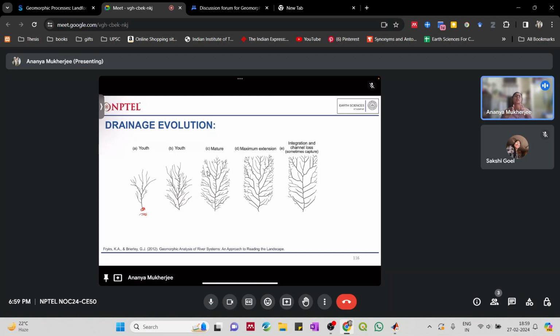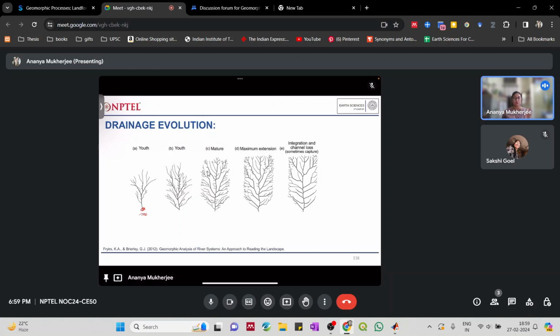It's mostly focused on going from the upstream area to the downstream area in the youth stage. As the stages move from younger to older, more and more lateral expansion of the drainage basin can occur due to the flowing river.